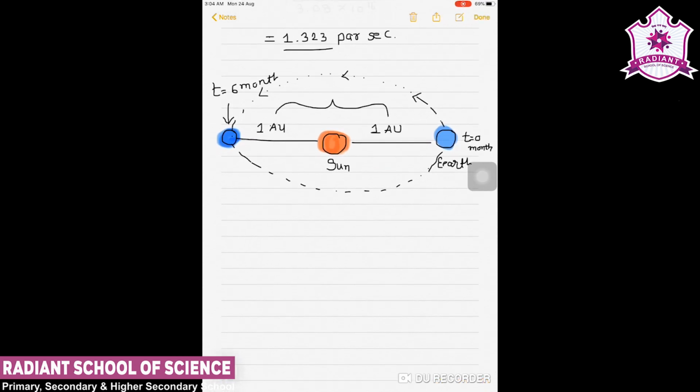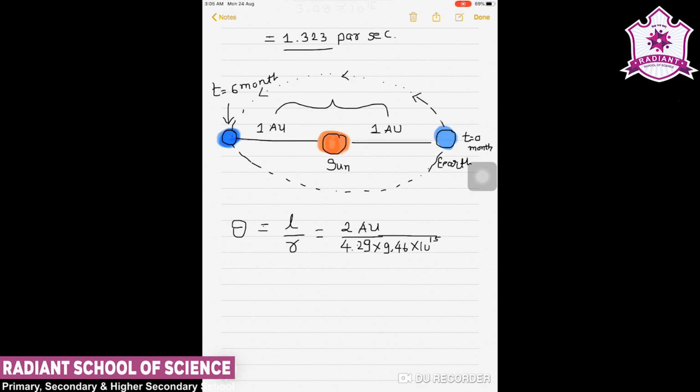We can say here that theta is equals to L over R. Here L is nothing but 2 astronomical unit and R is already defined as 4.29 light year. So 4.29 into 9.46 into 10 raised to 15 meter.